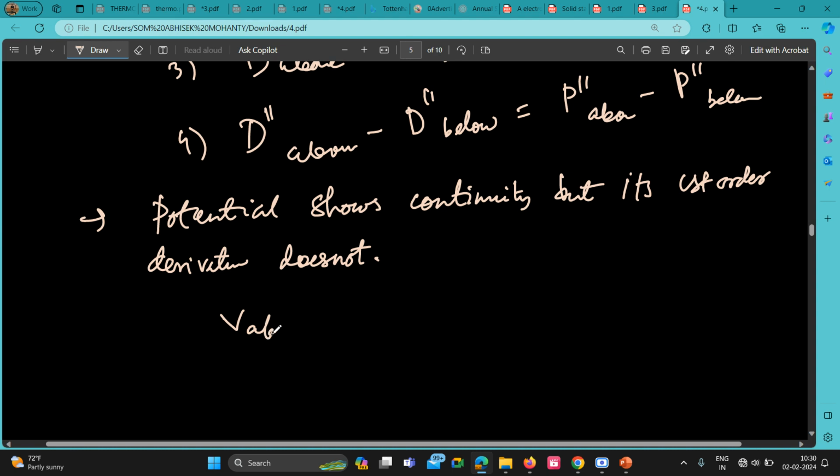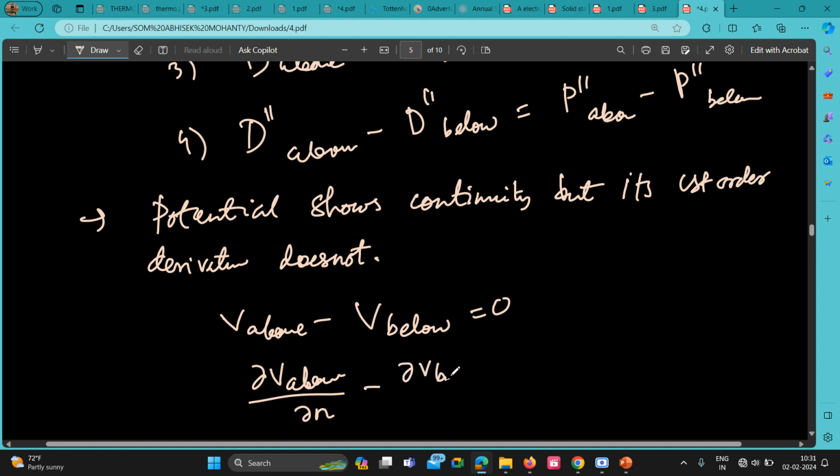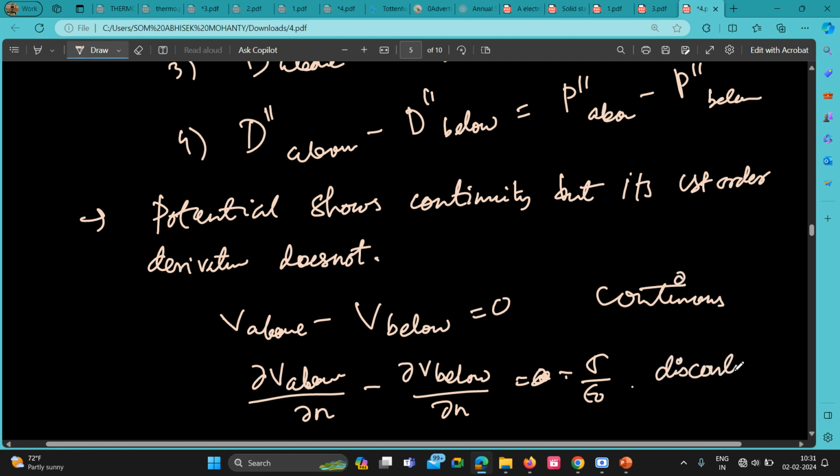That means V above minus V below is equal to 0, but del V above by del n minus del V below by del n is not equal to 0, it is minus sigma by epsilon. So this is continuous, and this is discontinuous. Is that alright?